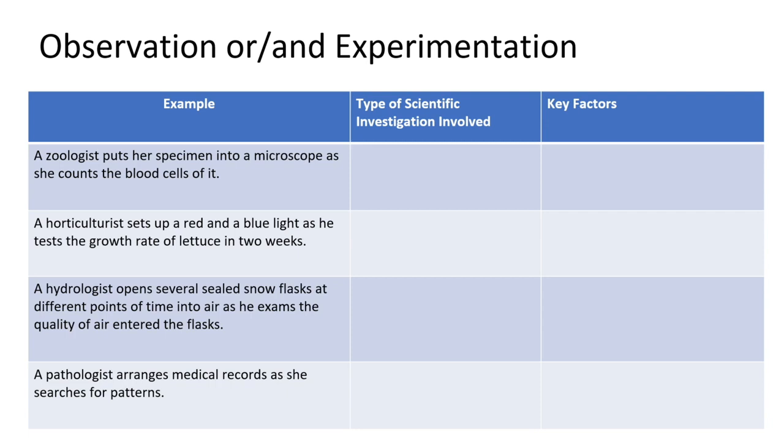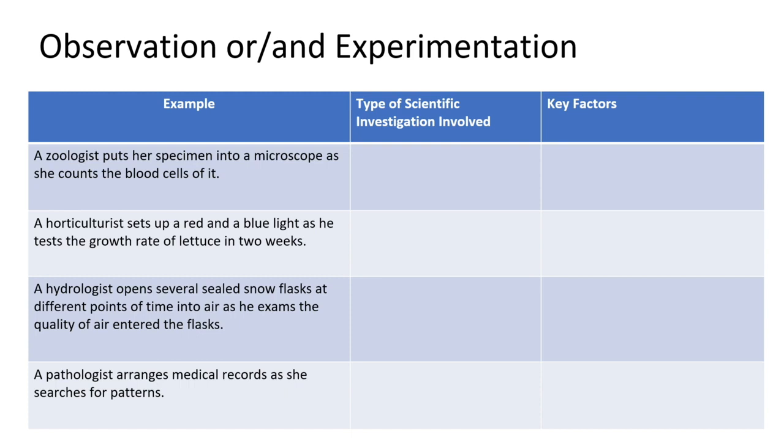Could you tell what type of scientific investigation is involved here? We have 4 examples. A zoologist puts her specimens under a microscope as she counts the blood cells. A horticulturist sets up red and blue light as he tests the growth rate of lettuce over 2 weeks.